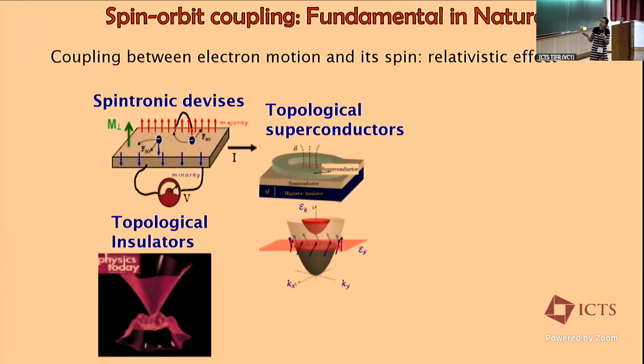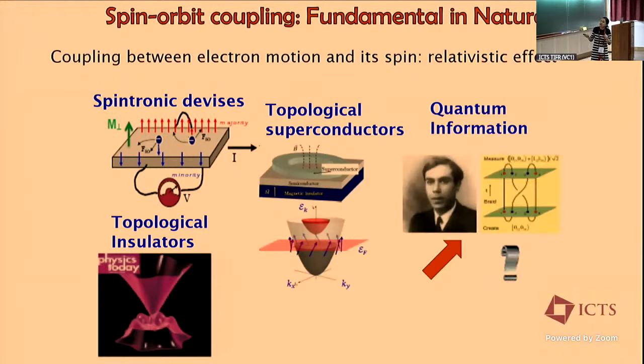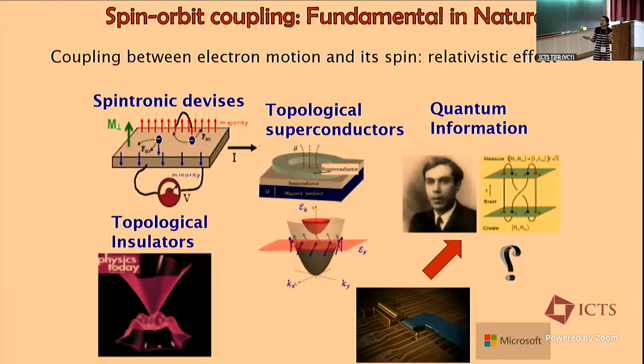For example, there are beliefs that if you have a topological insulator close to a superconductor, you can generate some type of Majorana particles that could be useful for topological quantum computers. And in fact, this is an effort that Microsoft has been trying to push very strongly.